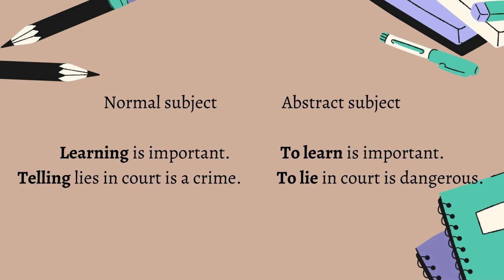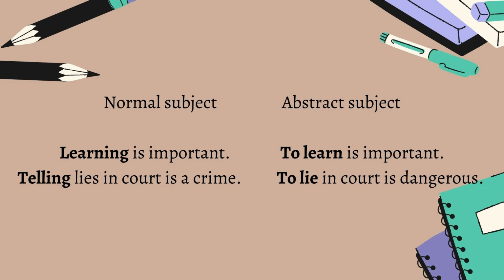Both gerunds and infinitives can be used as the subject or the complement of a sentence. However, as subjects, gerunds usually sound more normal, like spoken English, whereas infinitives sound more abstract. In the following sentences, gerunds sound more natural and would be more common in everyday English.